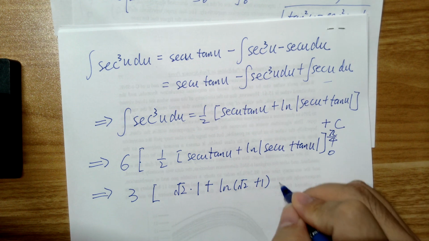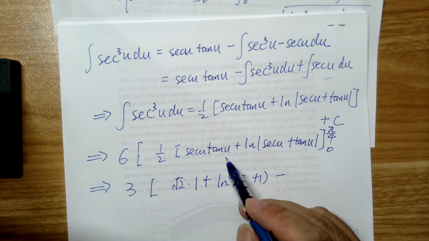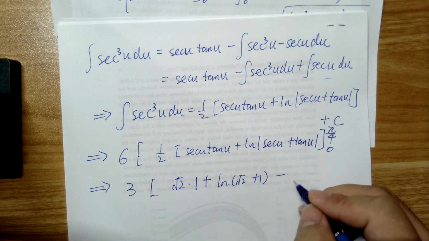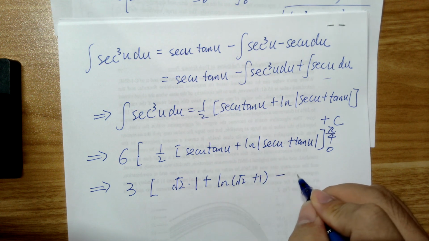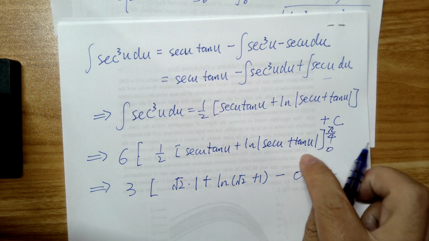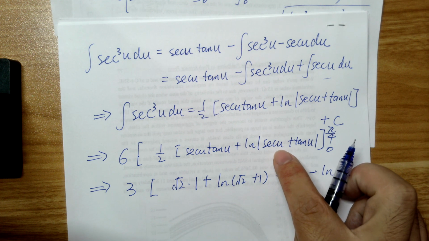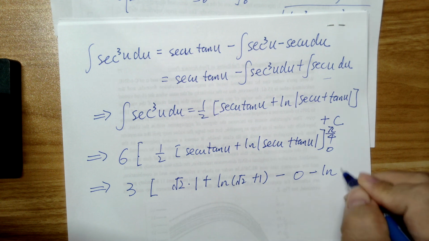And then minus, tan of 0 is 0, so this part is 0. And for the other part, it is minus ln of secant of 0, which is equal to 1, right?